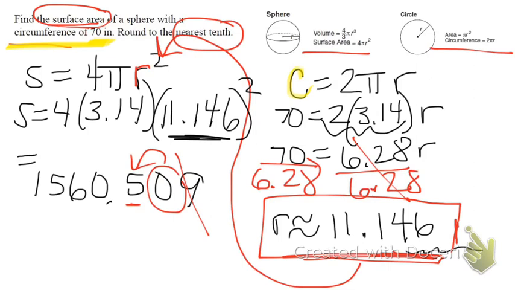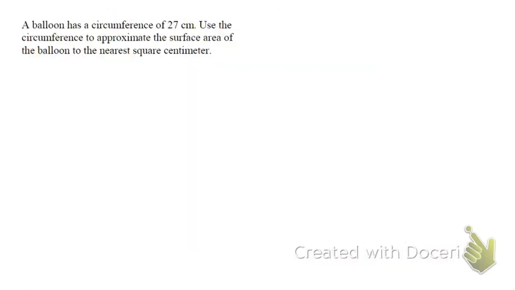So my final answer is that the surface area is approximately 1,560.5, and it's surface area, so it's inches squared. Okay, so that was number 2. Hit pause and try number 2 on your worksheet.